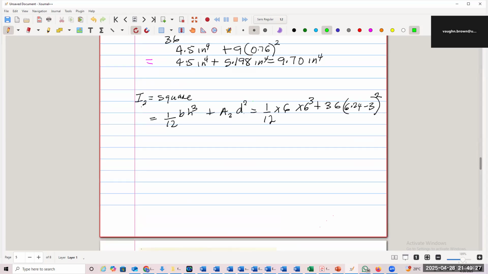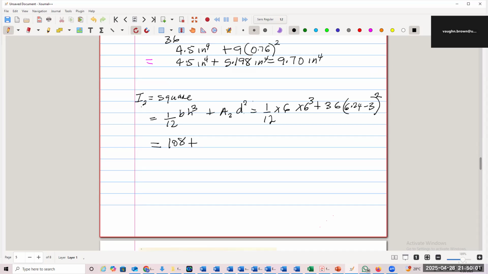So let's quickly run through that because time is going. What do you get for that, guys? You worked it out yet? So this is 6 cubed times 6 divided by 12. I'm getting 108 plus positive. The d is going to be 6.24 minus 3, which gets 3.24.